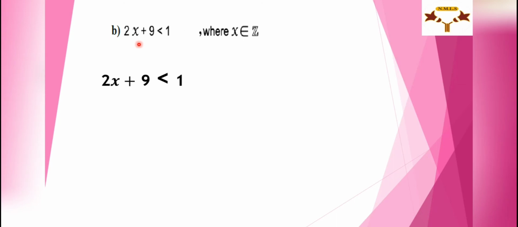Here, number B, 2x plus 9 greater than 1. If I want to solve the same example by an easier way, like we used to, let's imagine that the 9 moves to the other side.